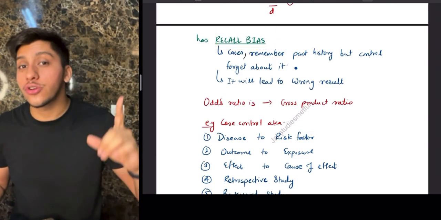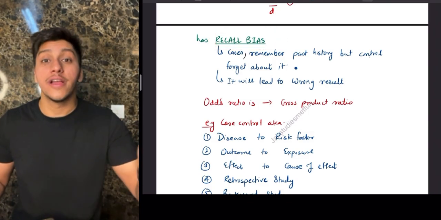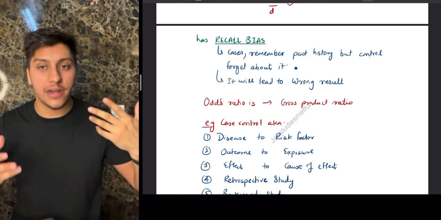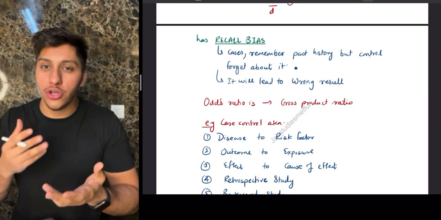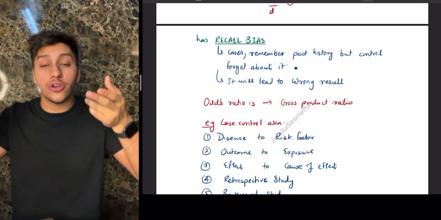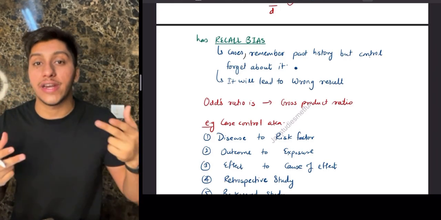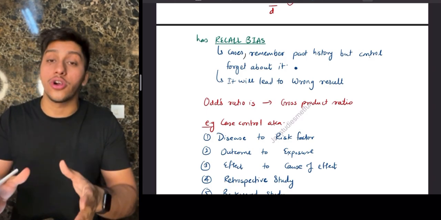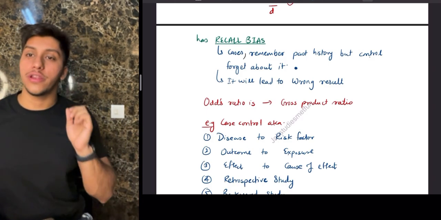What was the bias in a cross-sectional study? That was apprehension bias, where because of the presence of another person you changed your answer. In recall bias, you cannot recollect the entire information. That is why the data collected is not going to be accurate. That is your recall bias.